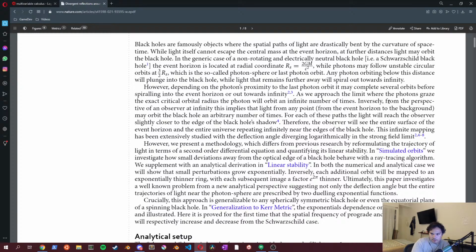On the contrary, if you're really far away from the black hole, knowing that the photon can go around the black hole an infinite number of times at the critical radius implies that light that comes from any point may orbit the black hole an arbitrary number of times. Does this just mean that because you're so far away there's some sort of resolution thing going on here?